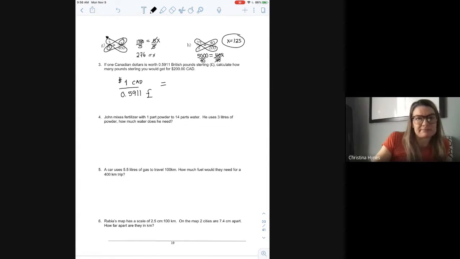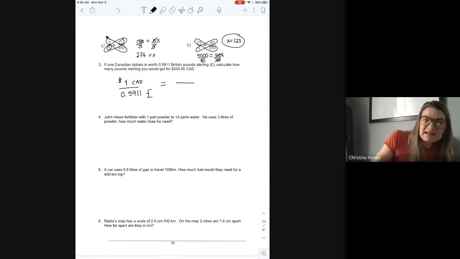So that's step 1. Now what you have to do is create a fraction on the other side that lines up with what you have on the left side. What are they giving you right here? They're giving you Canadian dollars. So where should that go? It should always line up to what you have on the left side.